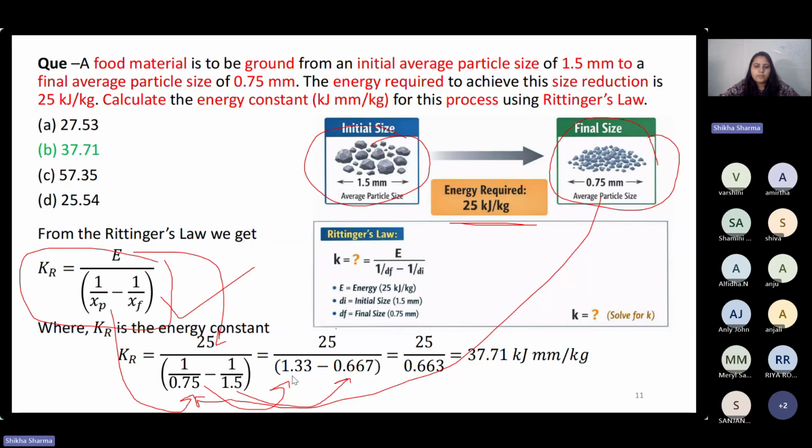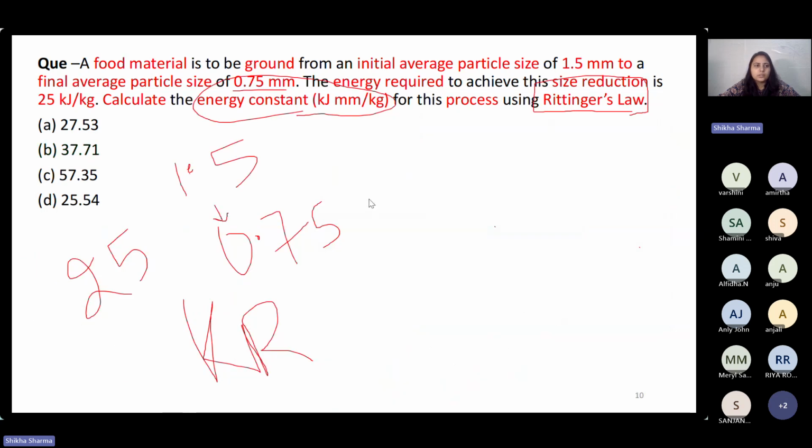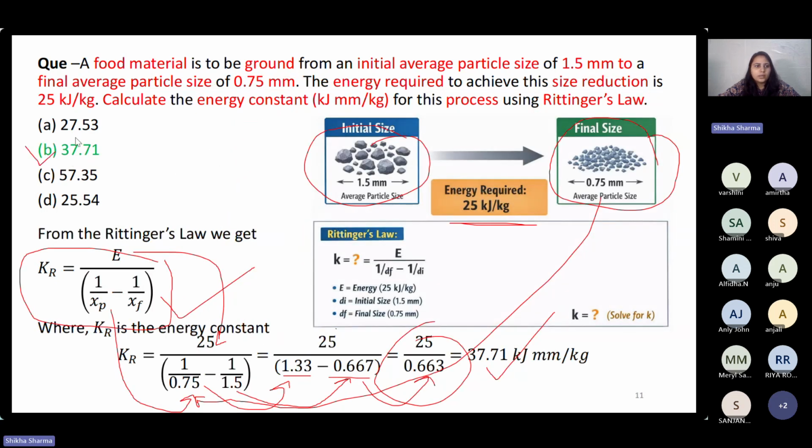So when we subtract 1.33 minus 0.667, it will be 0.663. So 25 divided by 0.663 will be 37.71 kilojoule mm per kg. So here the answer is B. Is this question clear to everyone?